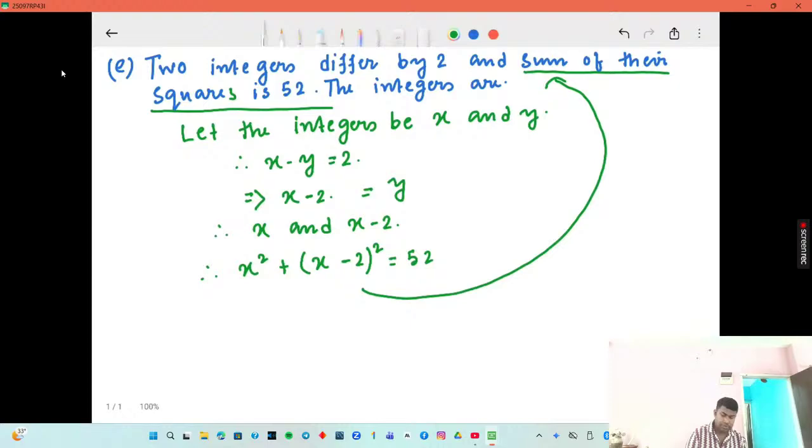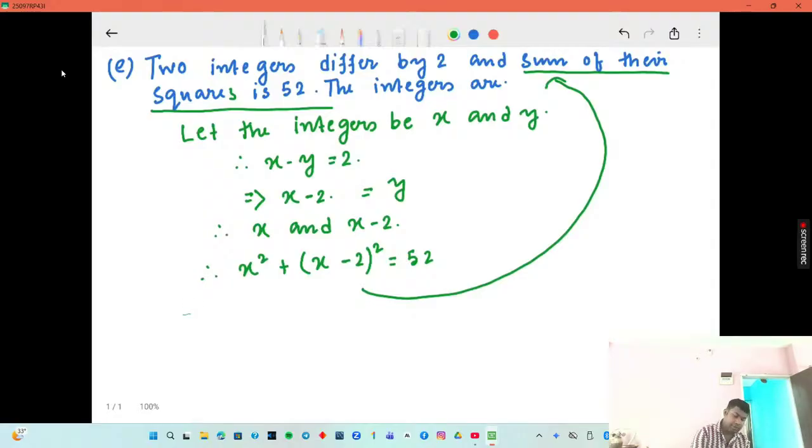So I have written this condition from this statement: sum of their squares is 52. Is it clear to you? So why have I written this statement? Because here it is given that the sum of their squares is 52. Okay. So now I will be solving this equation to find the value of the integers x and y.